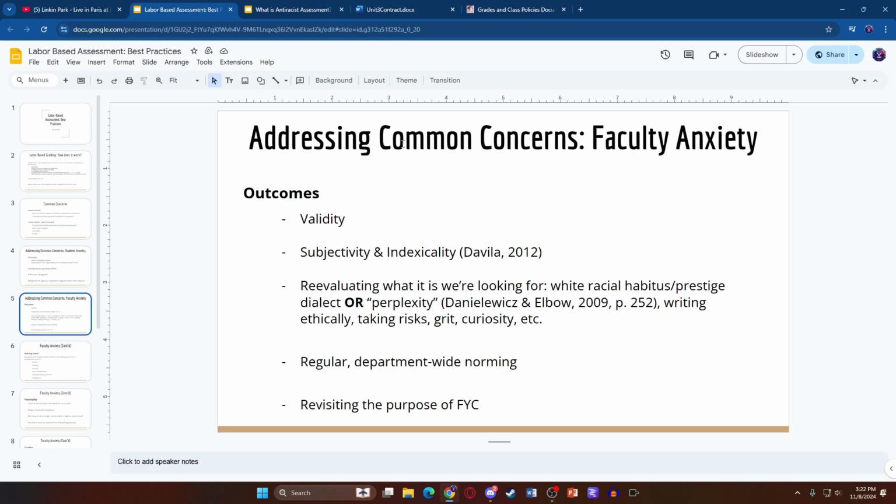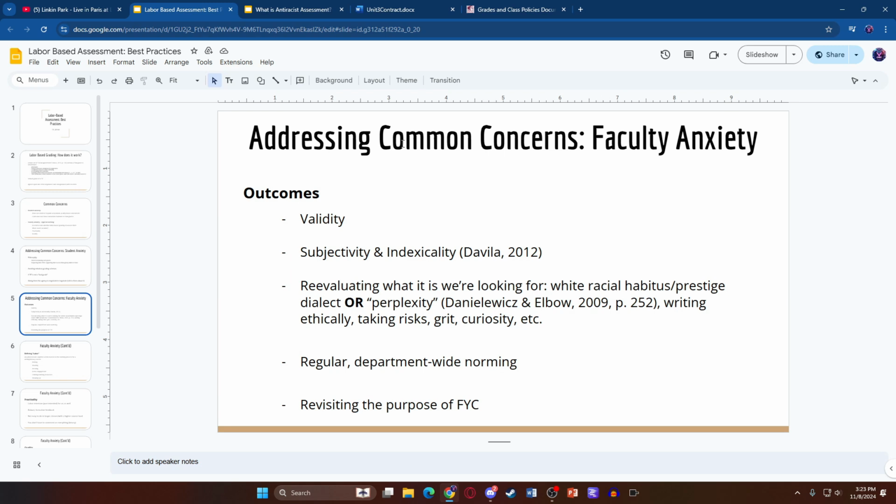Are we looking for a spirit of inquiry in our students' work? Are we looking for curiosity? Are we looking for genuine interest in the subject being pursued, right? Are we more worried about our students taking risks as writers, demonstrating grit and persistence? Again, curiosity, those are those habits of mind that I mentioned at the very beginning of my part of the talk, right?